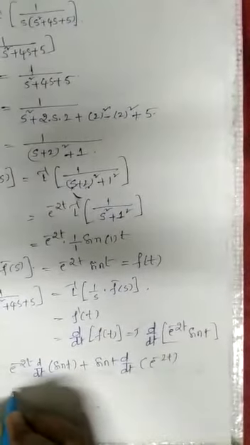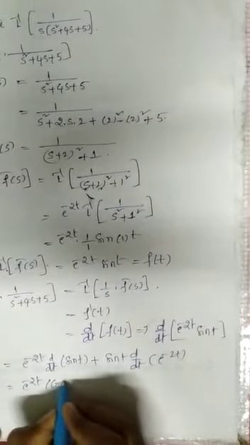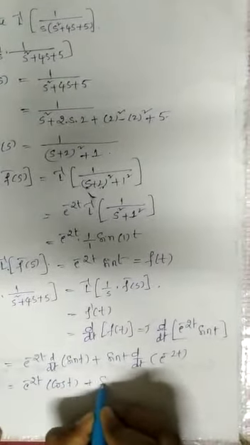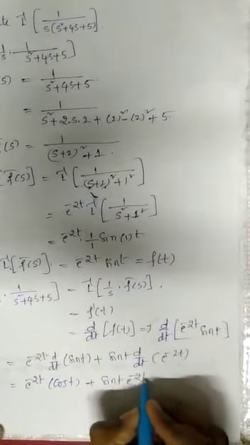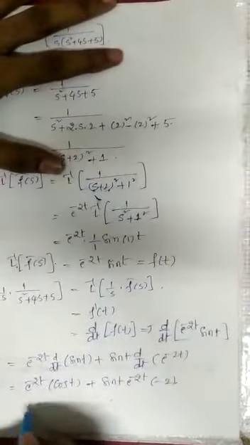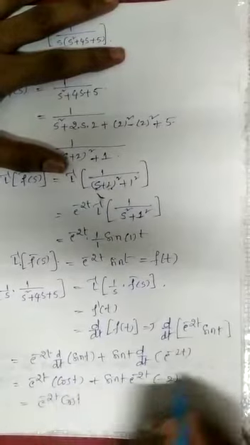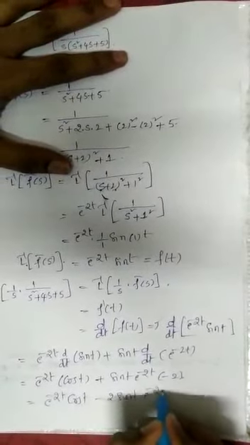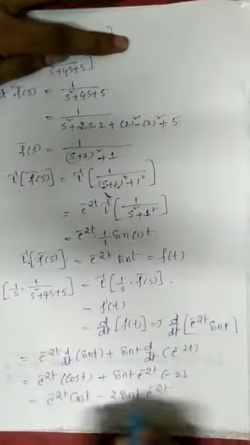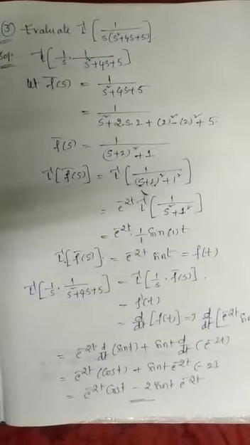So e power of minus 2t into d by dt of sin t, which is cos t, plus sin t into d by dt of e power of minus 2t, which is e power of minus 2t into minus 2. So that is nothing but e power of minus 2t into cos t plus minus 2 into sin t into e power of minus 2t. So that is the Laplace inverse of our given function.